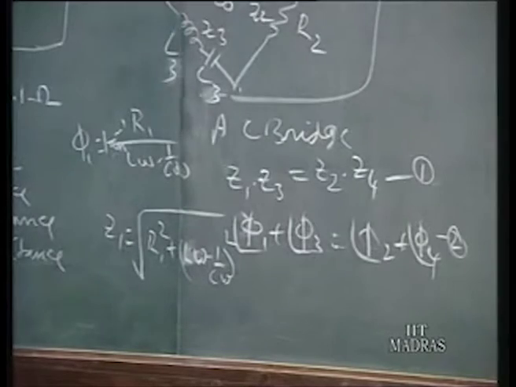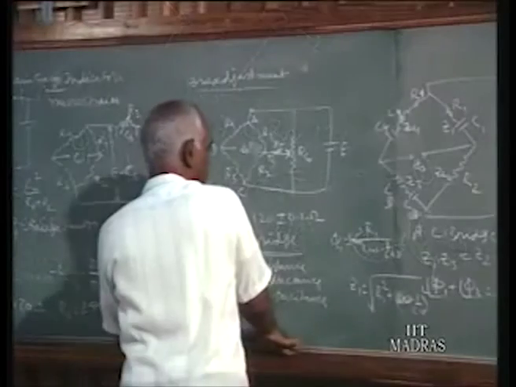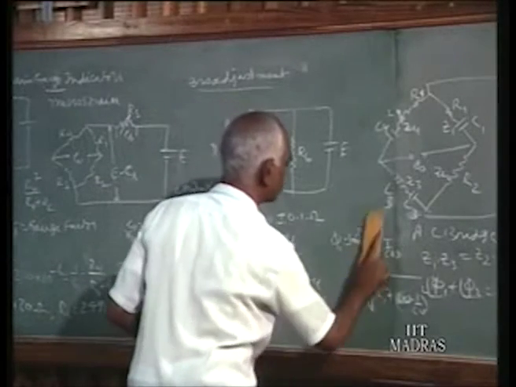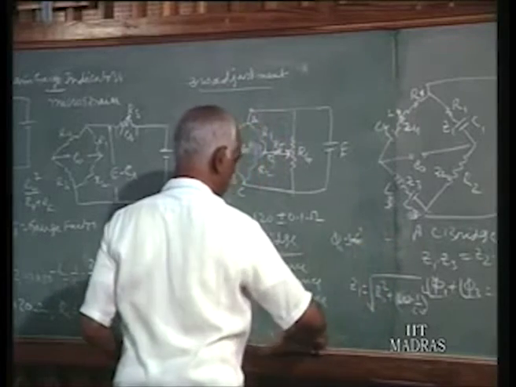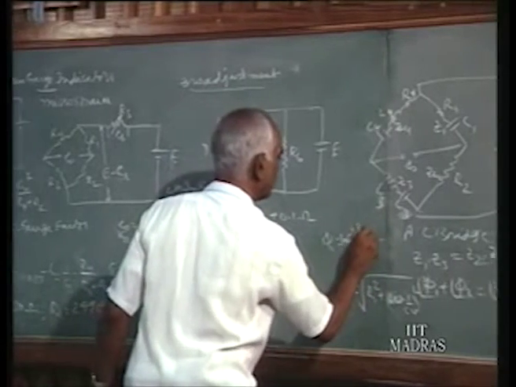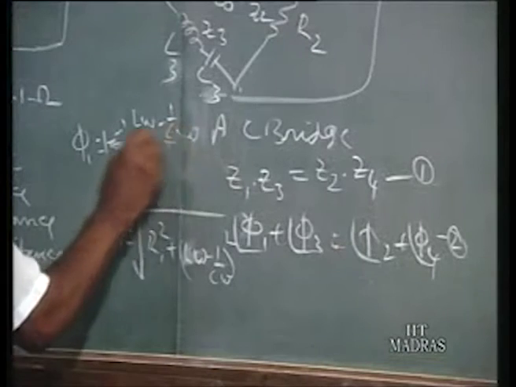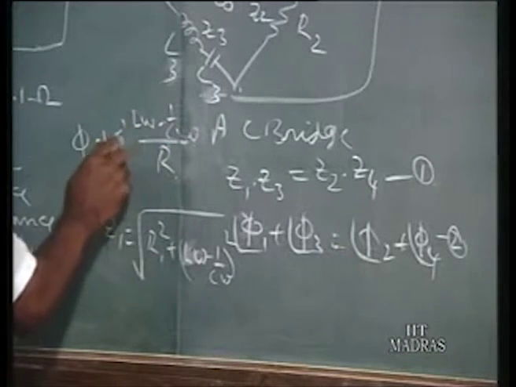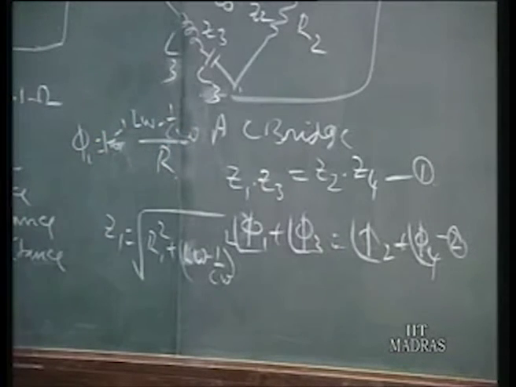I am sorry, this is reciprocal: tan inverse of phi is equal to tan inverse of (L omega minus 1 by C omega) divided by R. So these two conditions should be satisfied for the AC bridge.